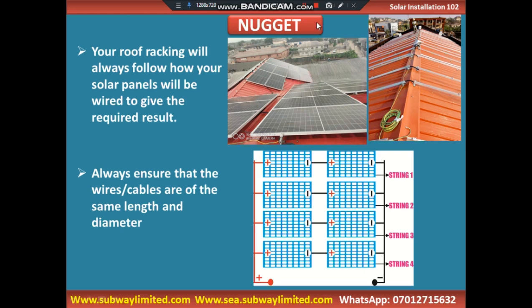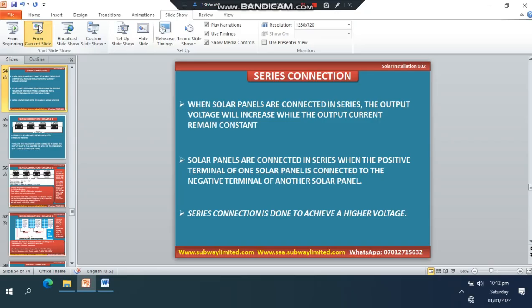We move to another nugget that will help us know how we are going to plan our own connection effectively to deliver the required power output when we are talking about solar panels.